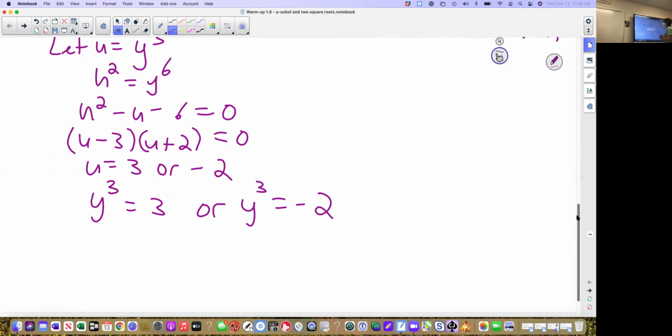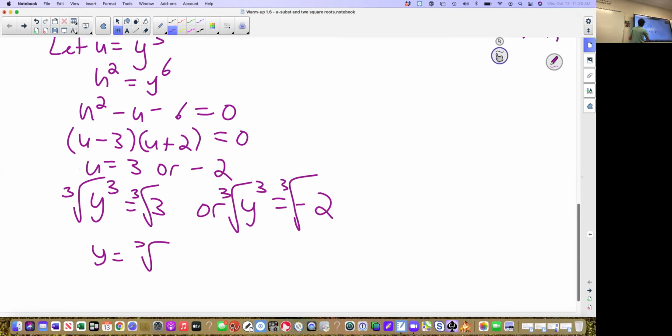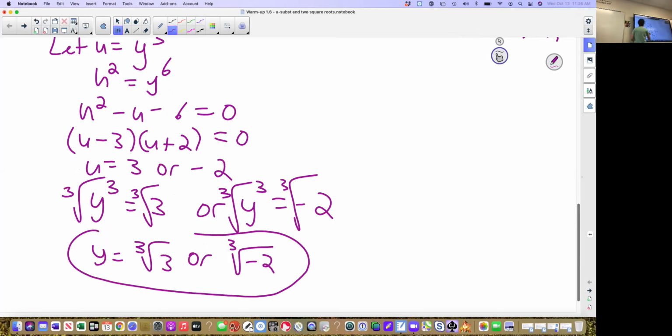Good, so I'm going to take the cube root of both sides, and then I get y is equal to the cube root of 3 or the cube root of negative 2. And that's okay because it's a cube root, so I can take the cube root of a negative number. If it were an even root, then we would usually have to deal with i.